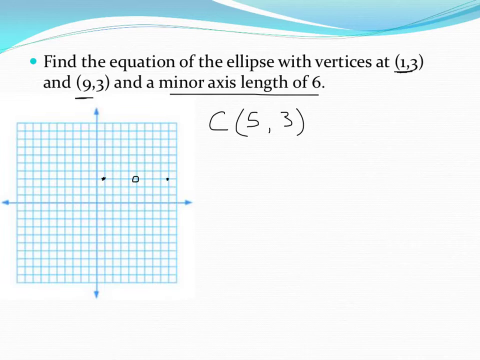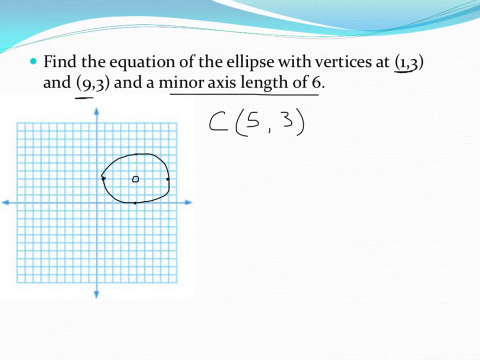Now we can plot the vertical radius by using this minor axis length of 6. Remember, the minor axis goes across the entire ellipse, so the vertical radius, the y radius, is 3 units. 3 units above and 3 units below the center, and connect all of these 4 dots with a smooth curve.